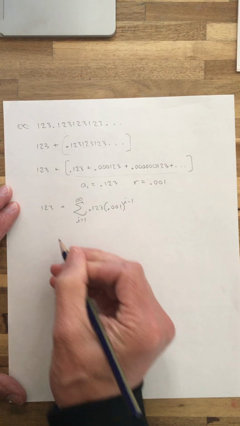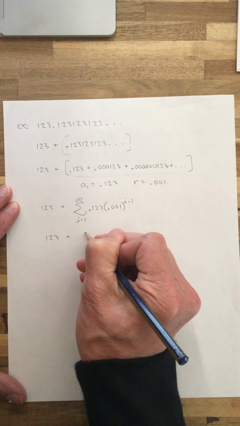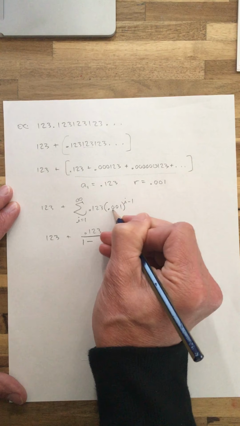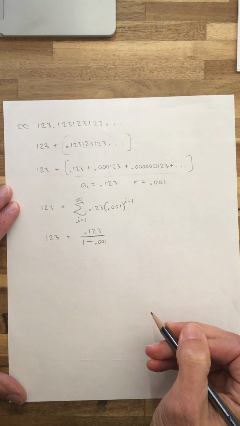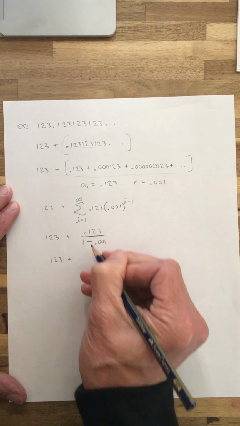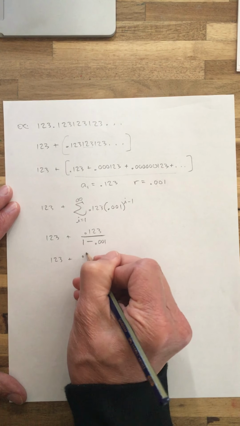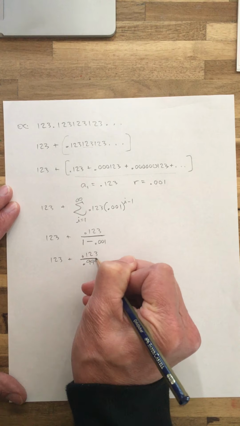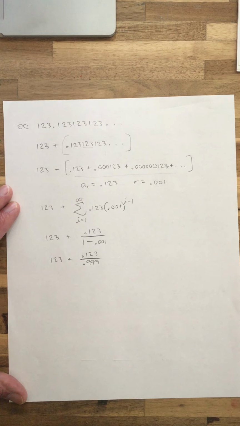And so this equals 123 plus, now it's your a1, so 0.123 over 1 minus your ratio, 0.001. And this equals 123 plus, this right here is 1 take away 1,000th, so you have 0.123 over 0.999. And if you don't follow that, just use your calculator. You have one of these if you can't do it in your head.